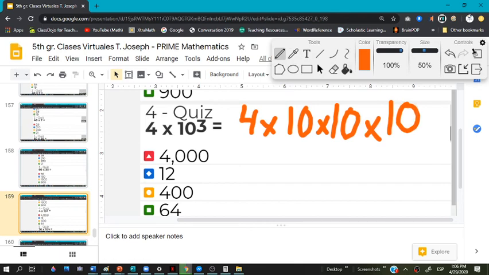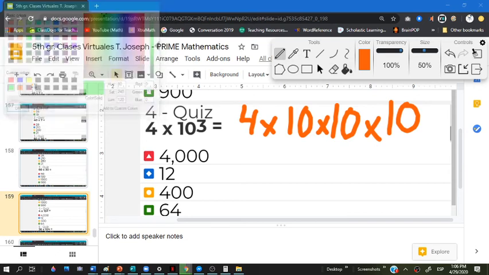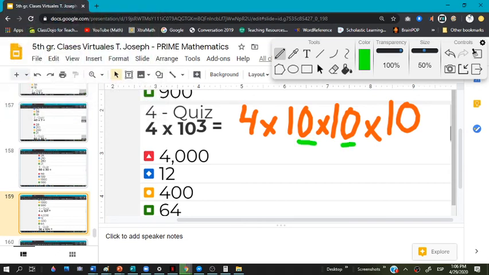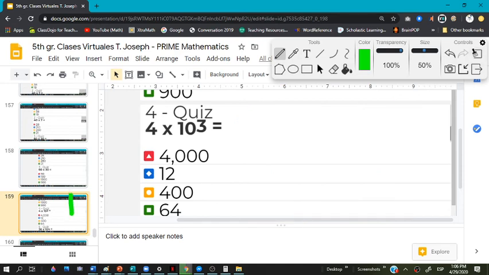So 4 times 10 to the power of 3 is just 4 with 3 zeros, 1, 2, 3. So our answer would be 4,000.